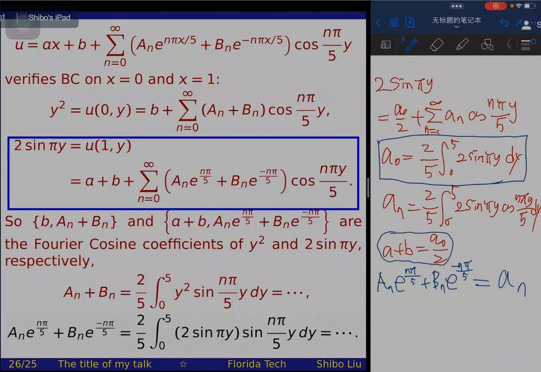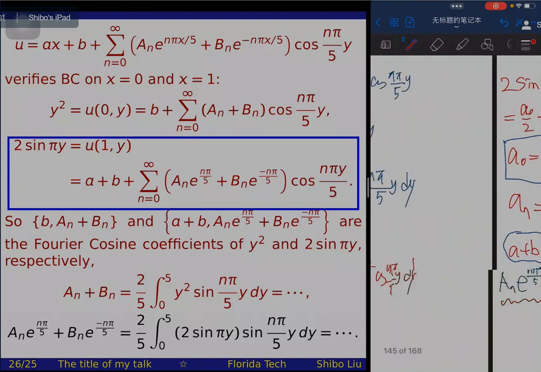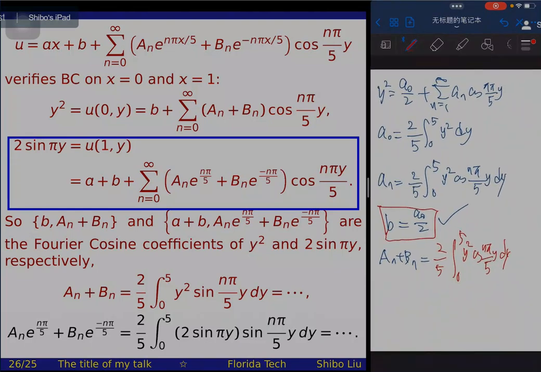As for the capital An and capital Bn, this is an equality involving An and Bn. Combine this equality and the previous equality, and we have a system of linear equations for An and Bn: An plus Bn equal to something, and the exponential of n pi An plus the exponential of minus n pi Bn equals something.